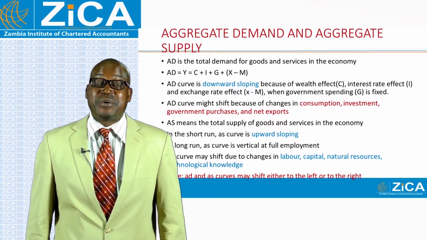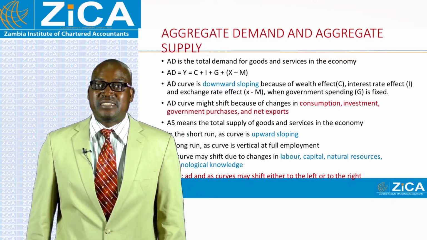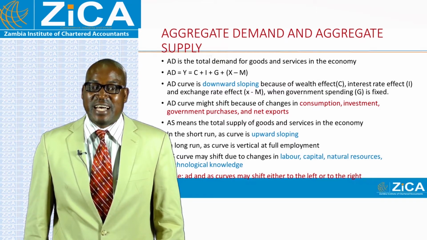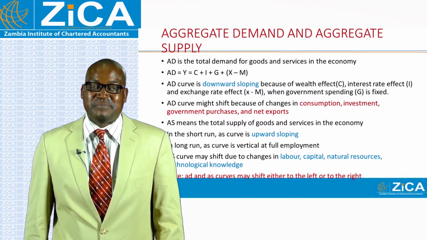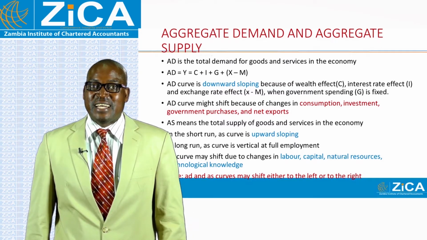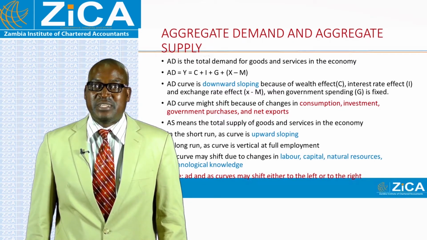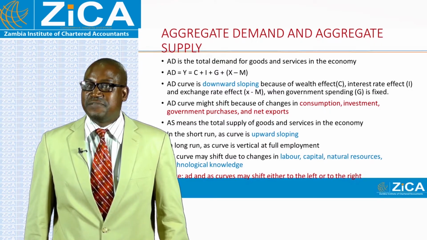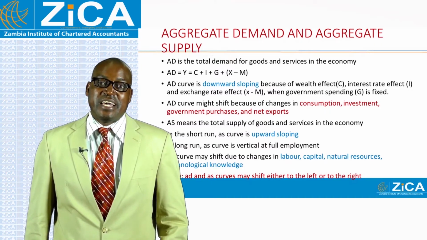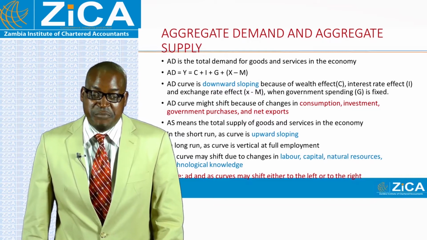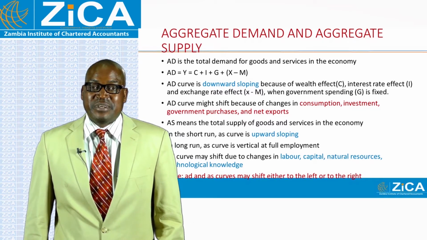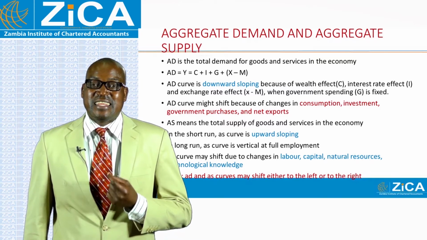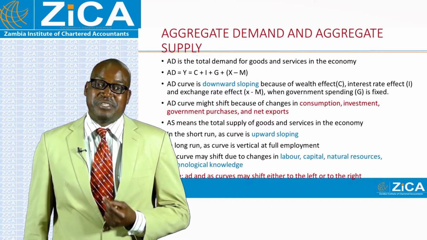And we use the same equation that we use for calculating the expenditure method of national income accounting, where we have C plus I plus G plus X minus M, where C stands for consumption expenditure, I for investment expenditure, G for government expenditure, X for exports, and M for imports. It is very important to take note that whenever these variables change, the aggregate demand will shift.